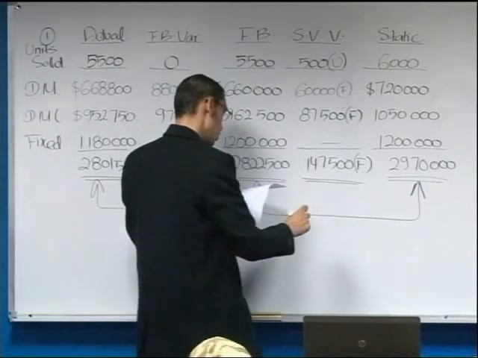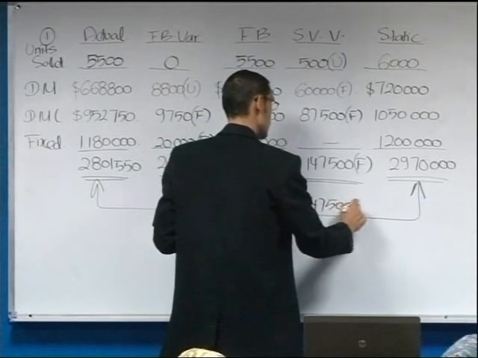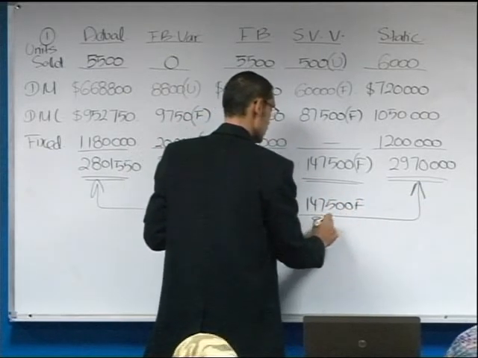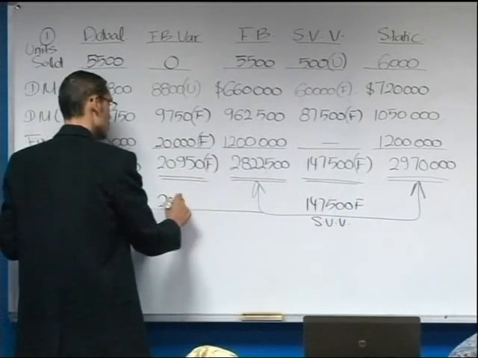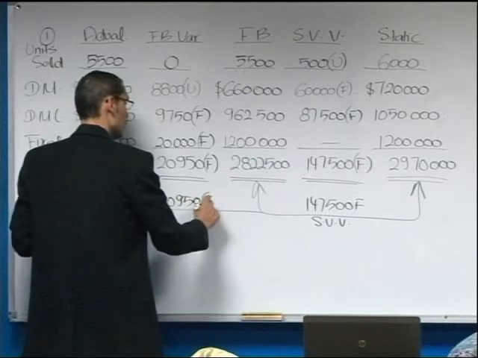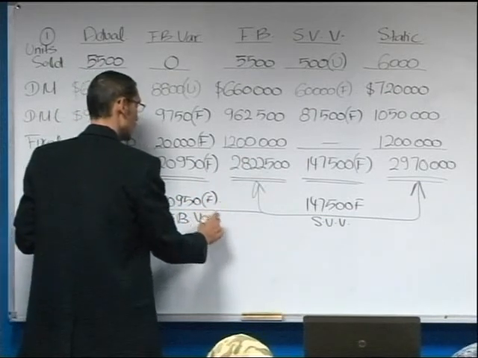Therefore, we have a sales volume variance by the amount of 147,500, which is a favorable sales volume variance. And we would have a 20,950 favorable flexible budget variance.